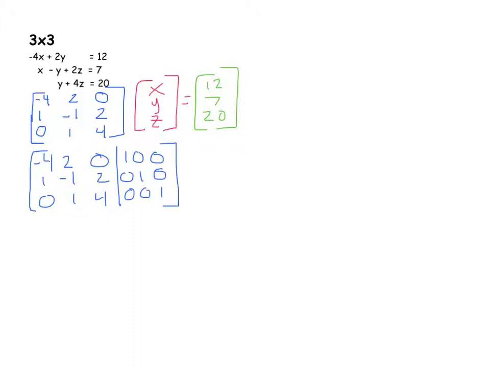Alright, first I'm going to find the zeros in the first column. So I'm going to multiply the second row by 4, and the third row I already have a 0, so I'm pretty good to go there. I'm going to use the first row and the second row.